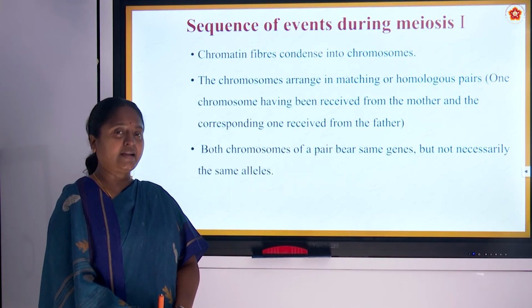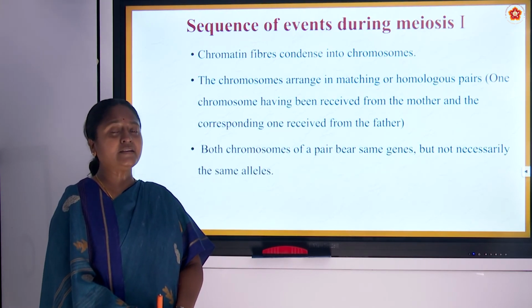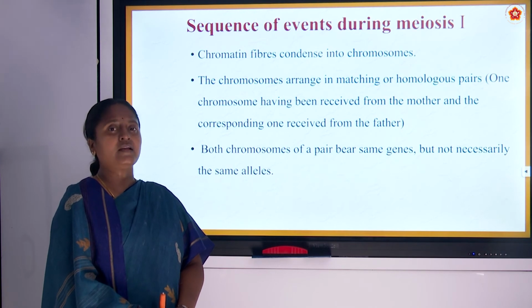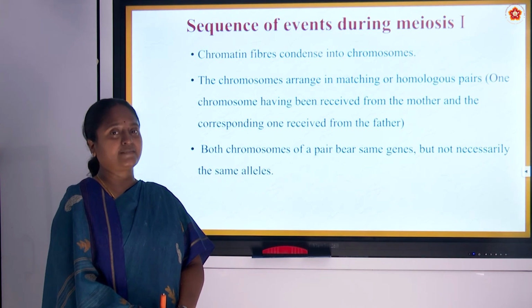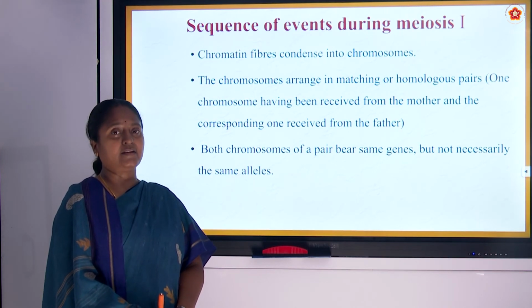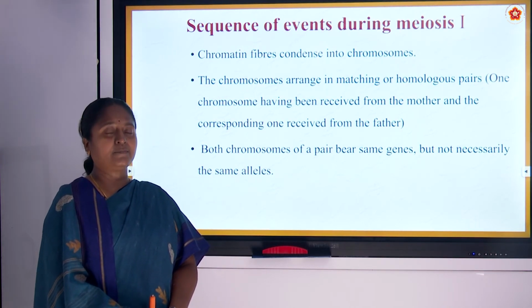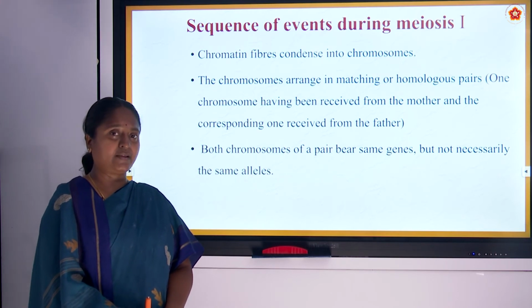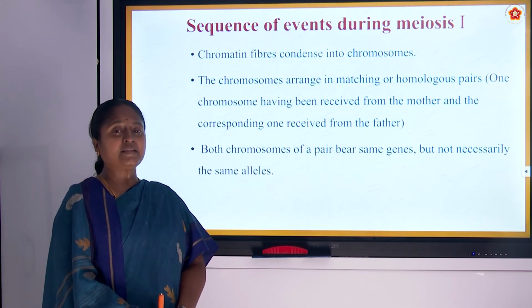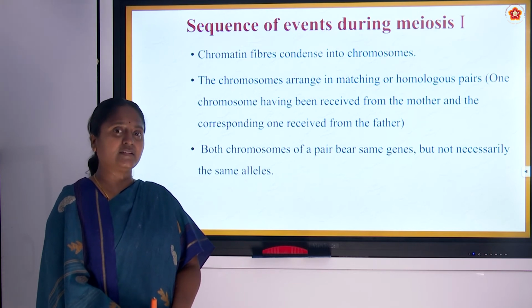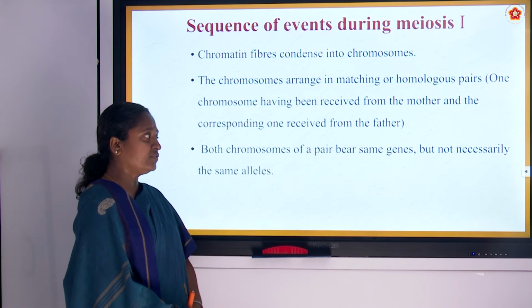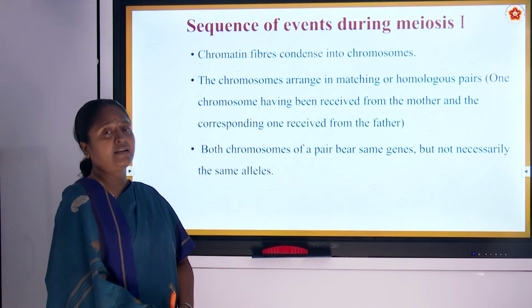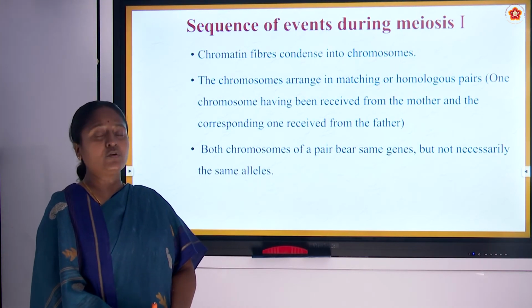Whichever character is dominant, we can see in the offspring. That is, 2 different alleles are present for a particular character. We can see skin color, right? Mother will be fair or father will be fair, and we can see an intermediate color in the offspring. So, the homologous chromosomes have the gene, but not necessarily the same allele is present.